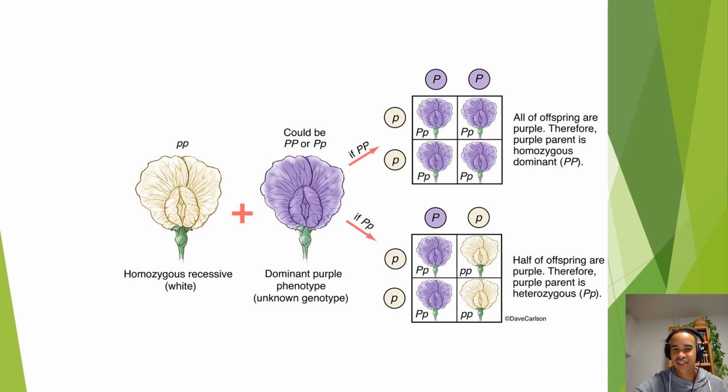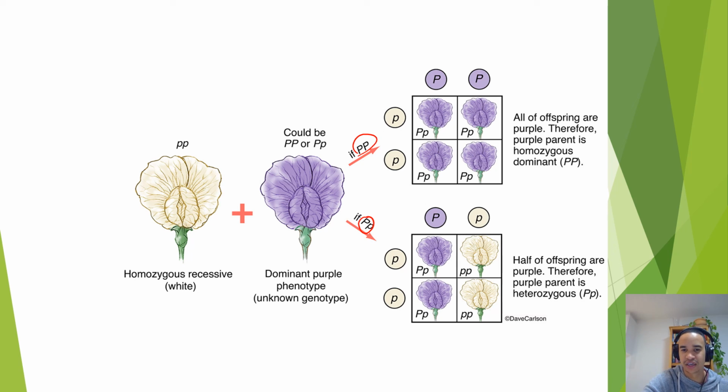So this is the possible offspring, and it's the exact same as the cross with the cat. If our purple flower is homozygous dominant, has two copies of the dominant allele, then it's only passing on the dominant allele. All the offspring are heterozygous, and all the offspring are showing that purple color, that purple phenotype.